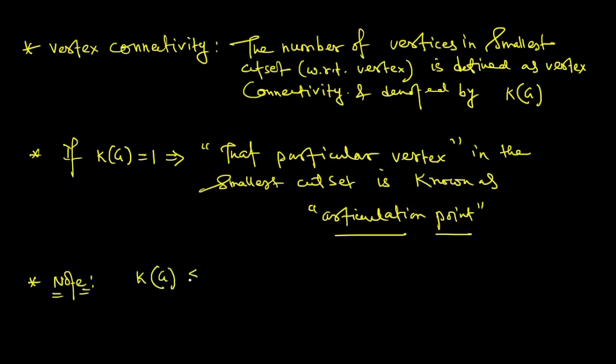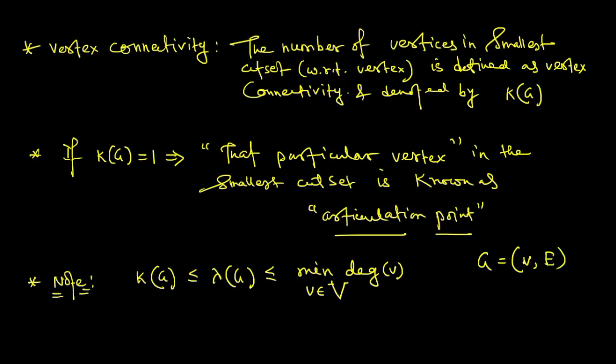K of G is less than or equal to lambda of G is less than or equal to the minimum of the degrees of all the vertices, v belongs to capital V. Suppose this graph is (V, E), the set of all the vertices.